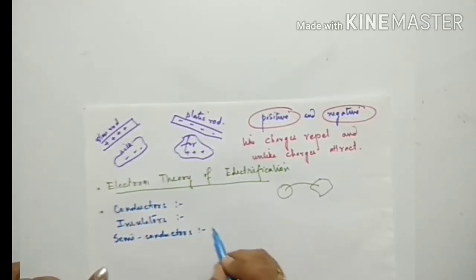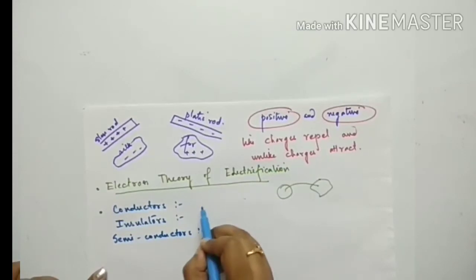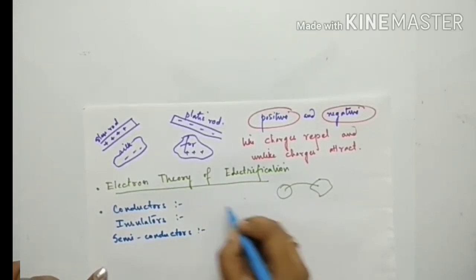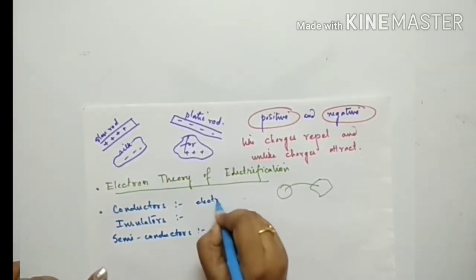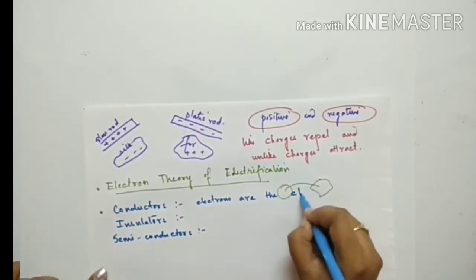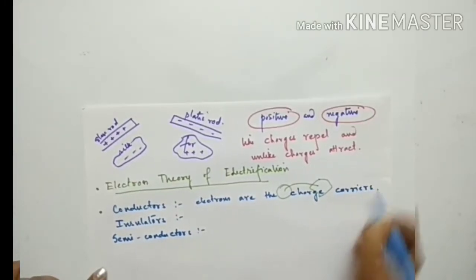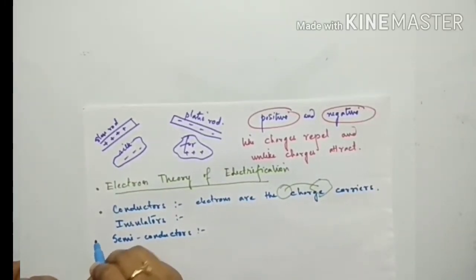We all know that conductors are substances through which charges can flow very easily. Here electrons are the charge carriers.